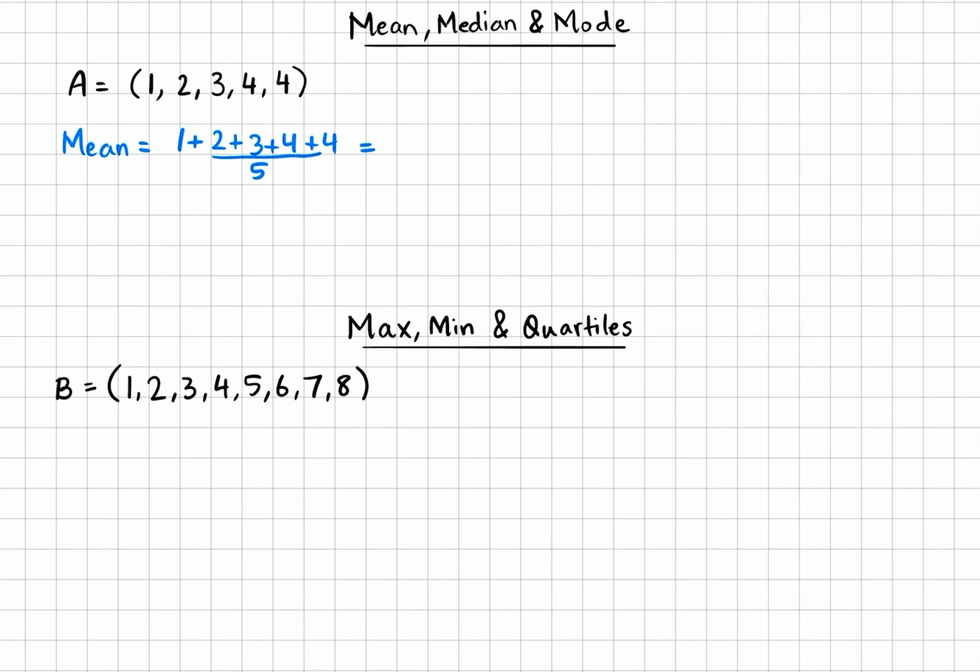So the sum would be 14. It would be 14 over 5. If we do that on the calculator real quick, 14 divided by 5, we get 2.8. So the mean for this data set is 2.8. All right? Okay.